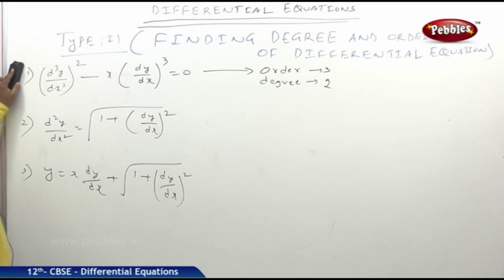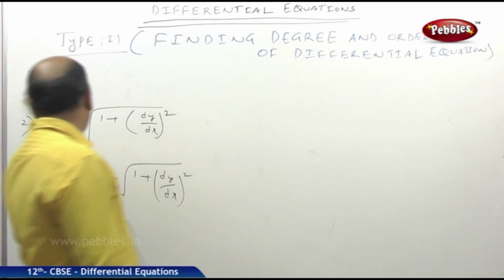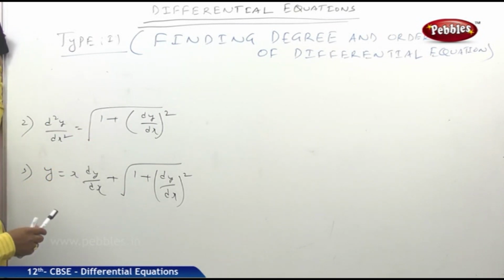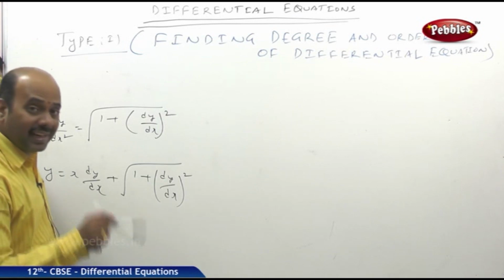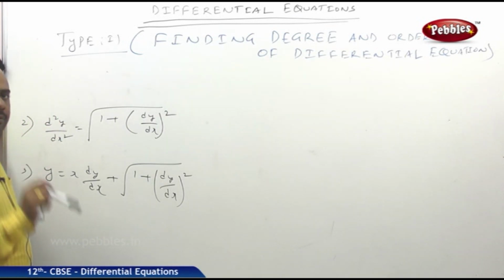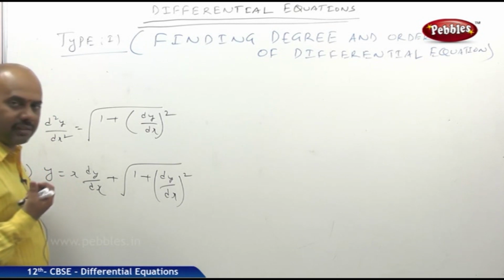Now coming to the second problem, d square y by dx square is equal to under root of 1 plus dy by dx whole square. Whenever this kind of problem comes, try to square on both sides. Why? When you frame a differential equation, we need to get it in polynomial form.